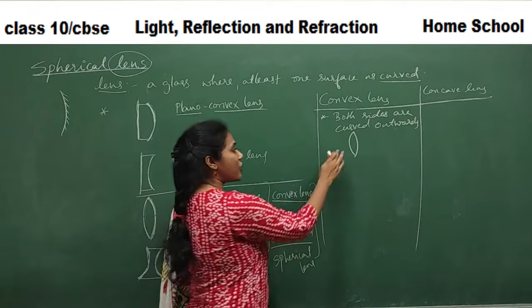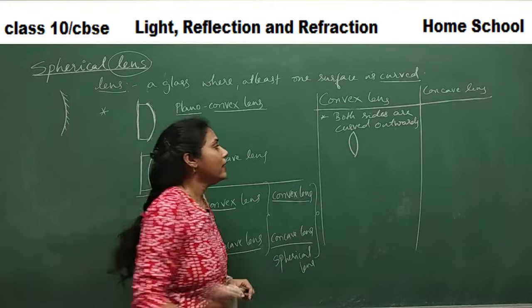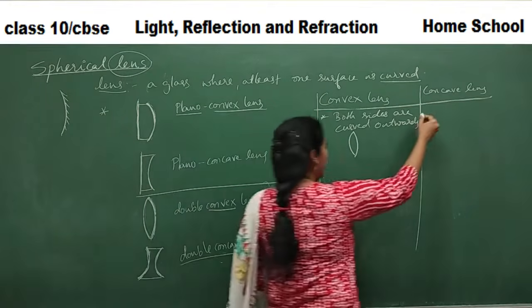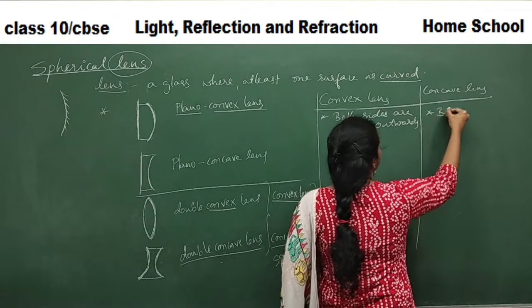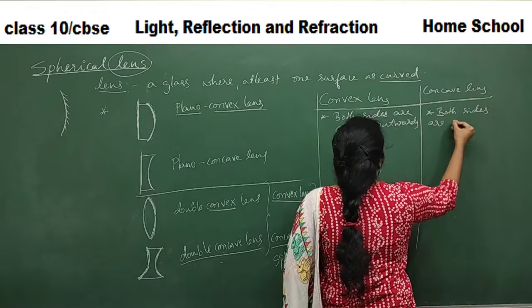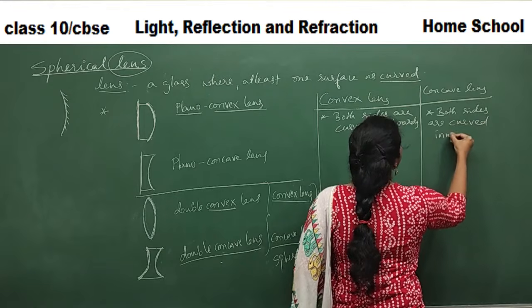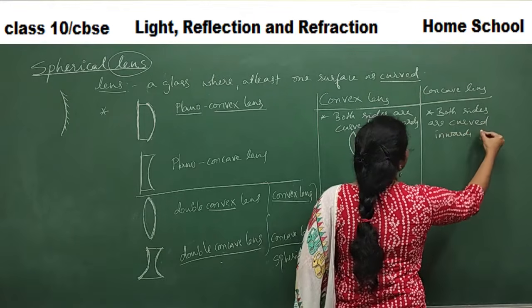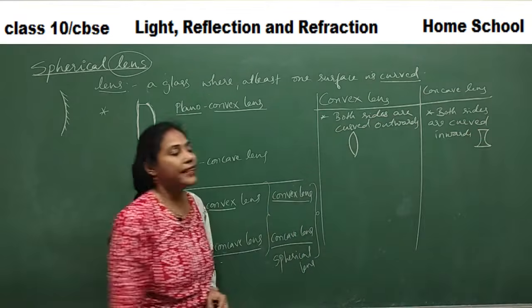Okay, so refraction happens either this side or this side, right? Fine. And what about our concave lens? It's just opposite. What can we write here? Both sides are curved inwards, isn't it? So how do we represent that? This is how we represent concave lens.